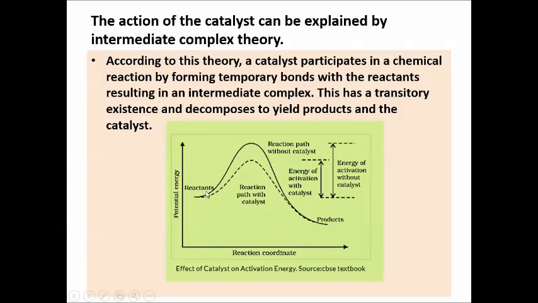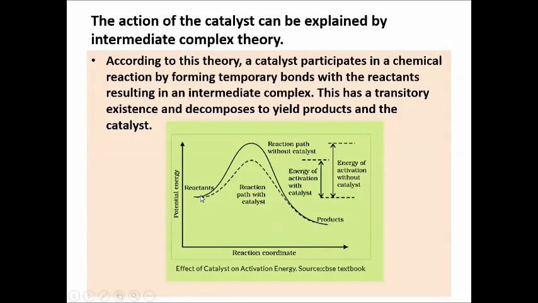Now you can see here, if the reaction is there with the presence of a catalyst, how is the path or how is the speed of the reaction. First you can see the graph or this path. Reactant gives product. What about the energy? The energy of activation without the catalyst: you can see here this much energy is used.